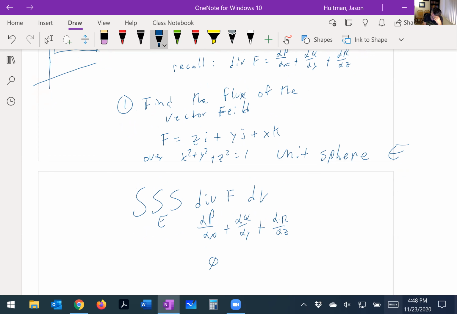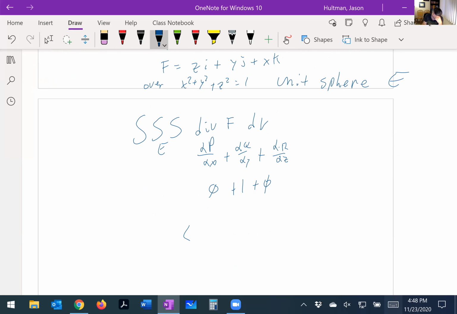It's just 0. What's y with respect to y? It's just 1. And what's x with respect to z? It's just 0. So this is just 1. So really all we're doing is finding the volume of this unit sphere.